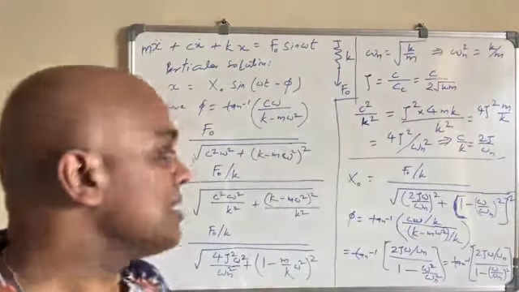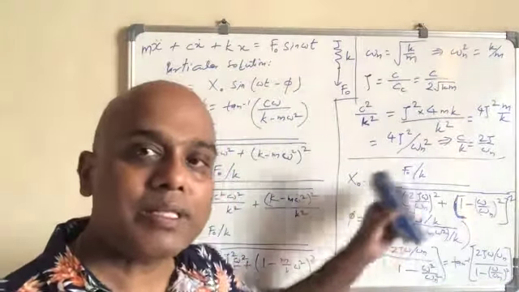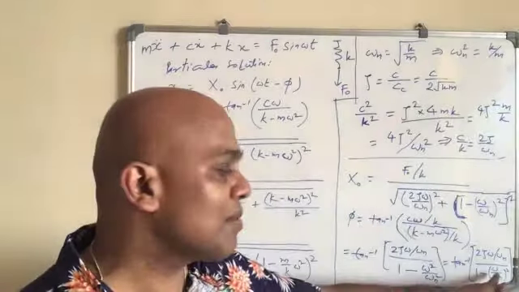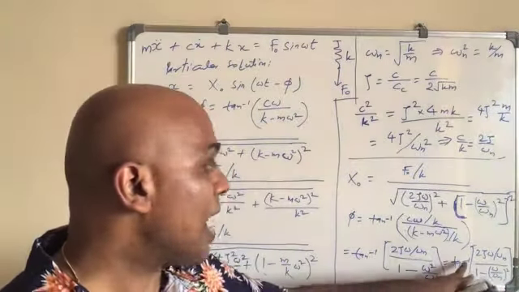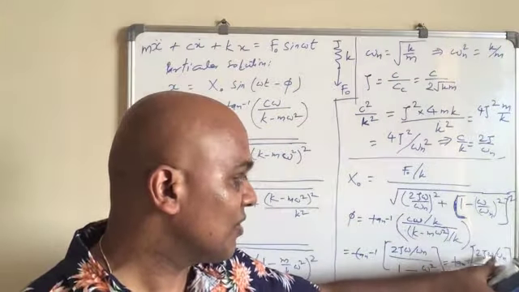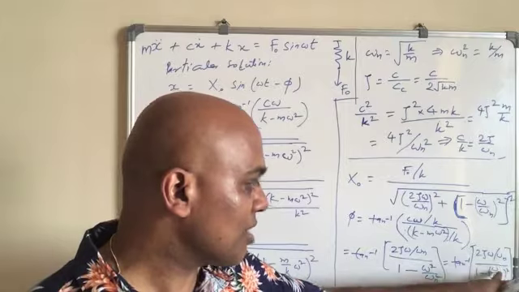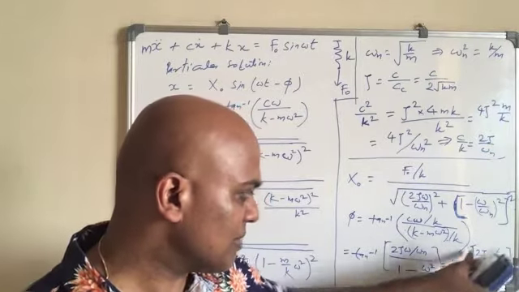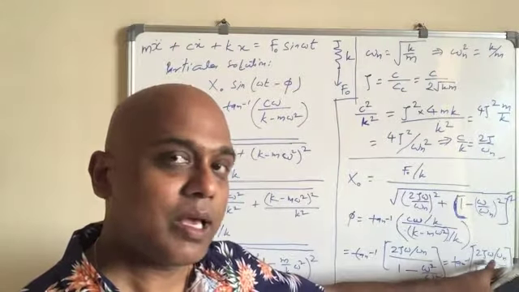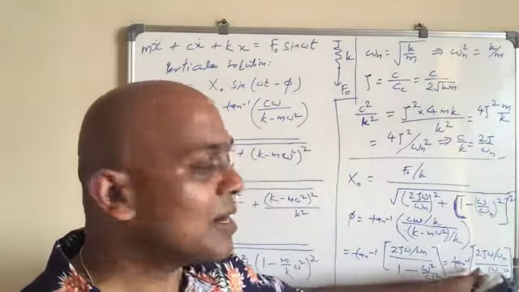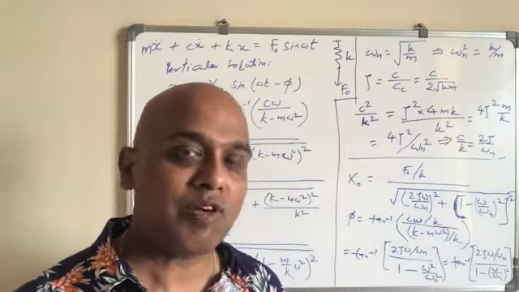Now we can study the behavior for different values of omega. For example, when omega is equal to omega n, what happens? This becomes 1, and 1 minus 1 becomes 0, so this expression becomes infinite. Tan inverse of infinity gives phi equal to pi over 2.